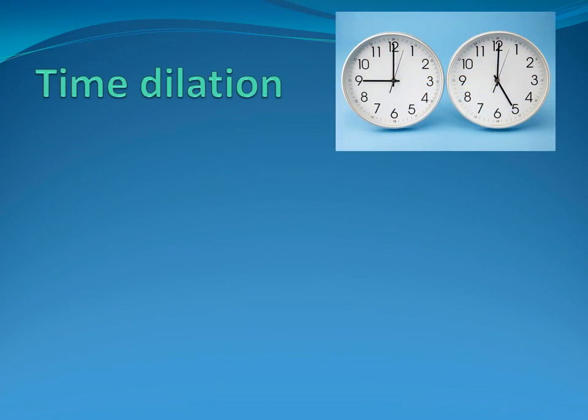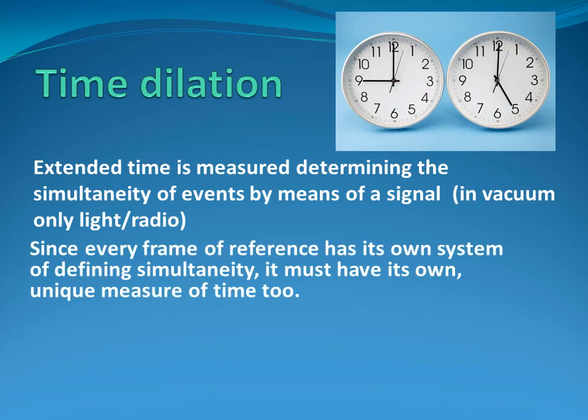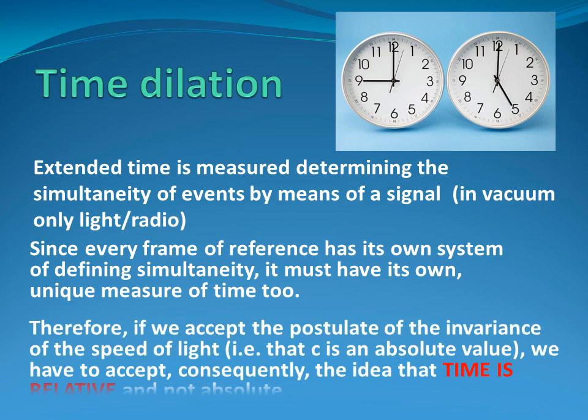Let us study the origins of the time dilation effect. As we have seen, extended time is measured by determining the simultaneity of events by means of a signal, which in vacuum can only be a light signal or a radio signal. Now, since every frame of reference has its own system of defining simultaneity, it must have its own unique measure of time too.